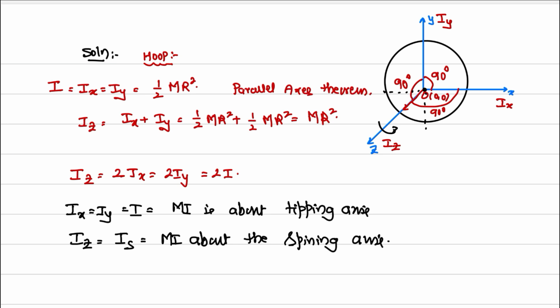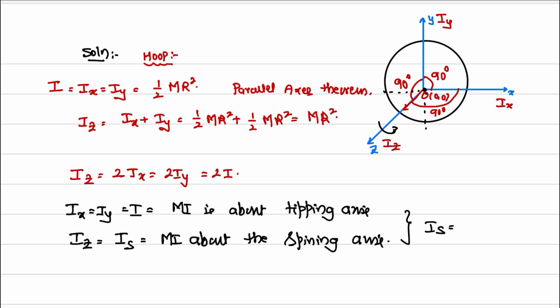Ix or Iy. Now, you remember for this particular example, and if it is given in the examination to confuse you, then you will remember it as the tipping axes, that is the plane axes, and the spinning axis is the axis perpendicular to the plane, Is and I. Now, what is the relation between Is and I?